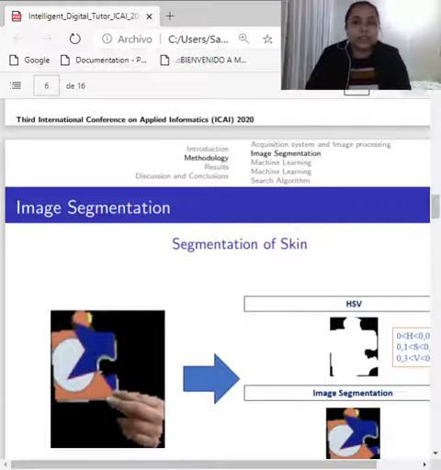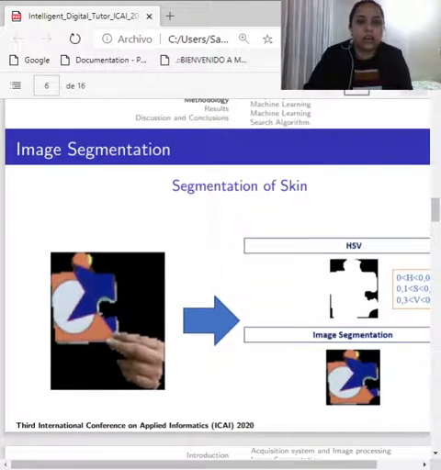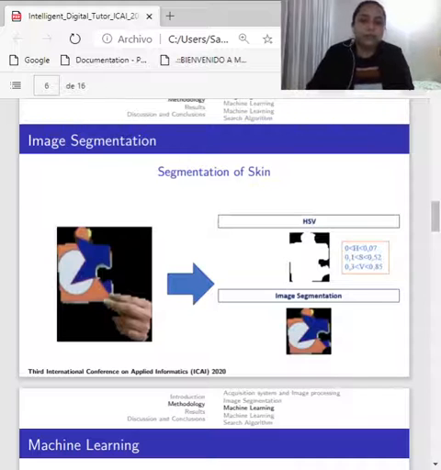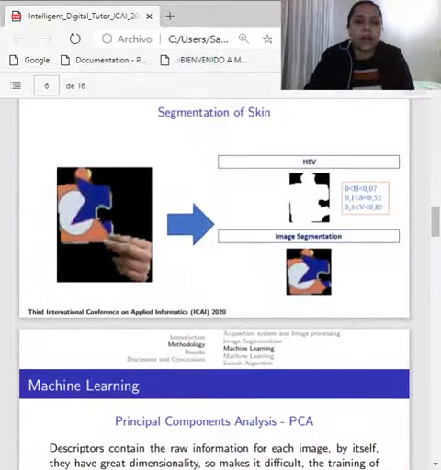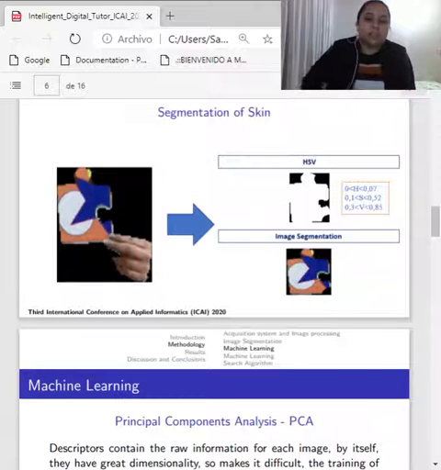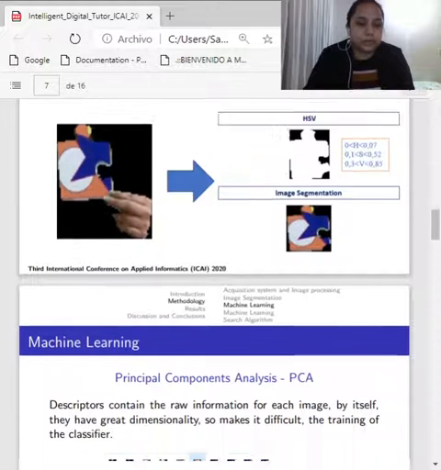The ranges of skin are between 0 and 0.07 for hue, 0.1 and 0.52 for saturation, and 0.3 to 0.85 for value. After applying the mask, the correctly segmented puzzle piece is obtained, an image with only the puzzle piece.